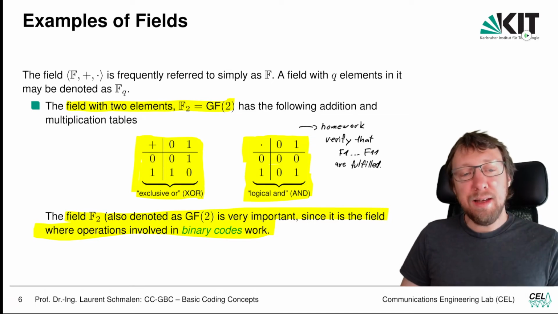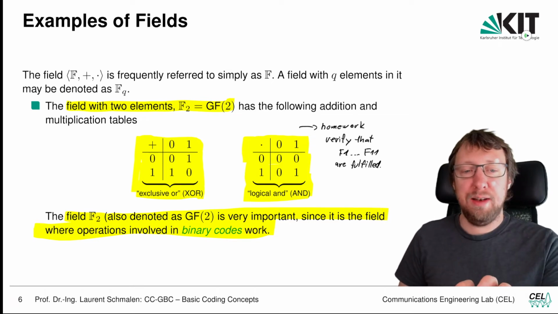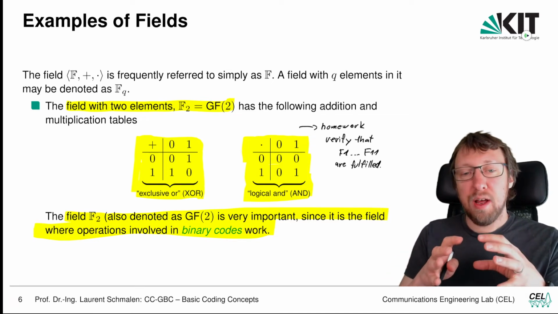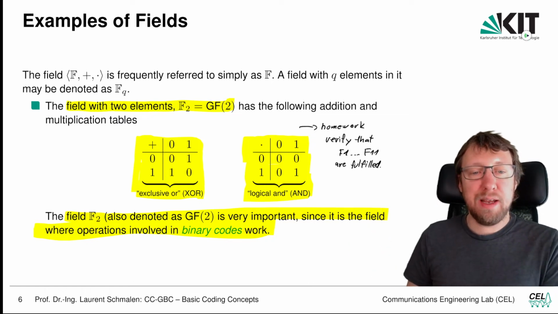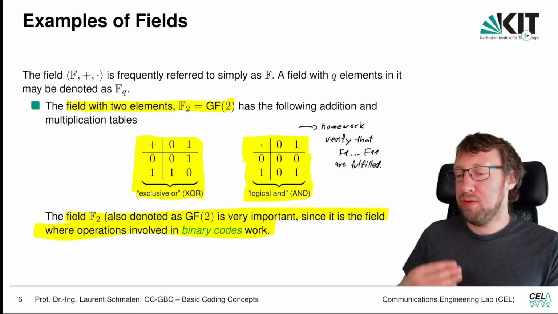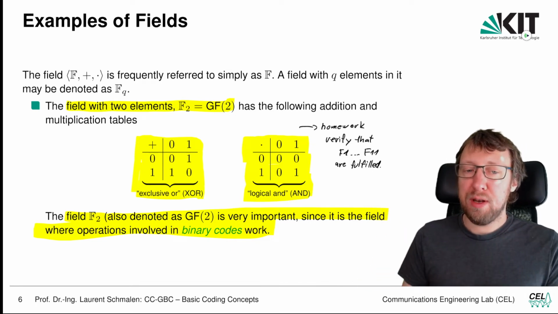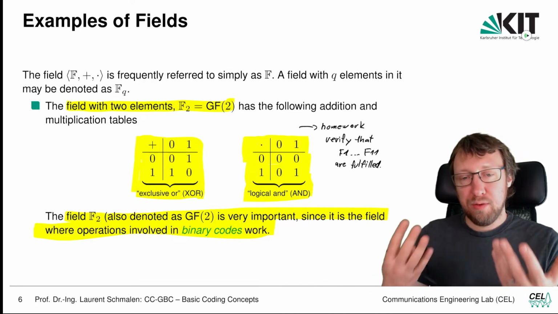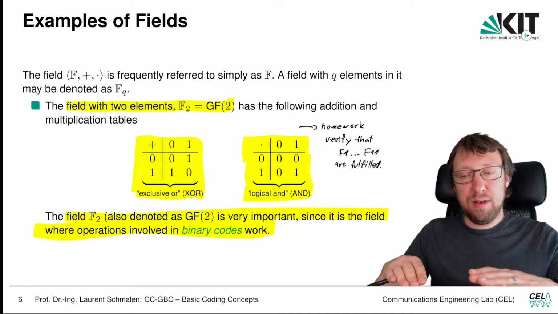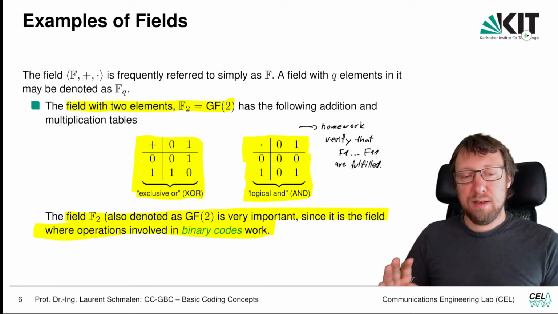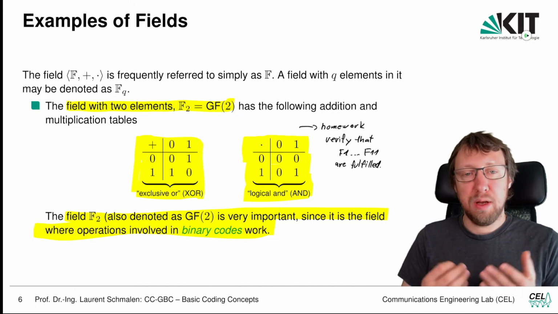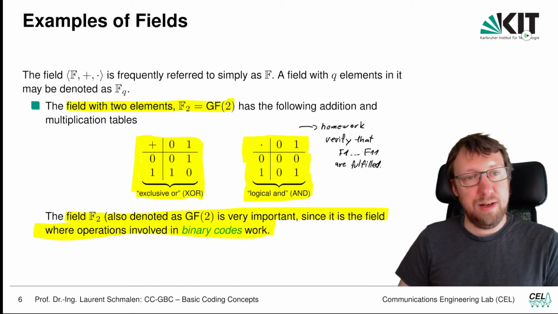And you will see that because we have this field as the underlying foundation, we can use matrix multiplication, because matrix multiplication uses addition and multiplication. We can interpret codes as matrices, we can do matrix multiplication, and everything is well-founded. All the foundations exist because we showed that this is a field.